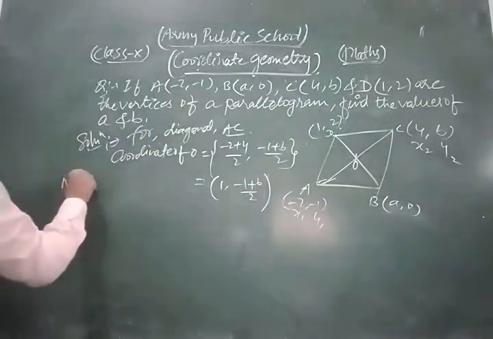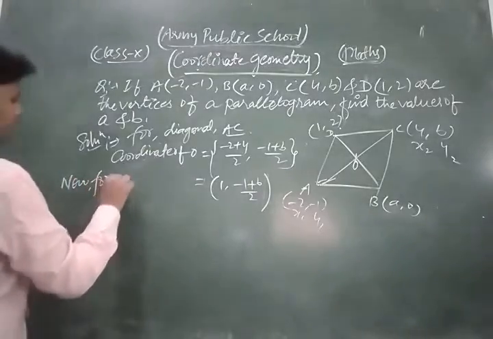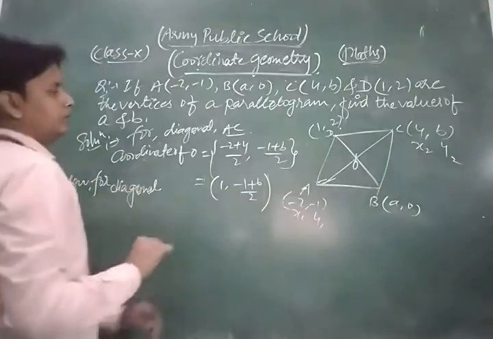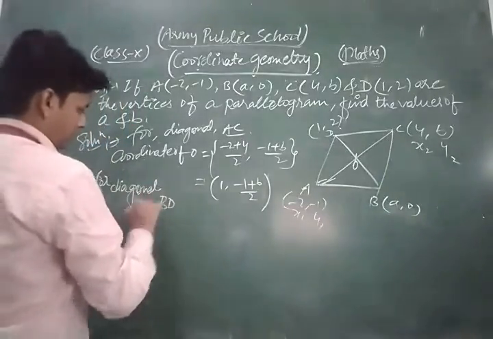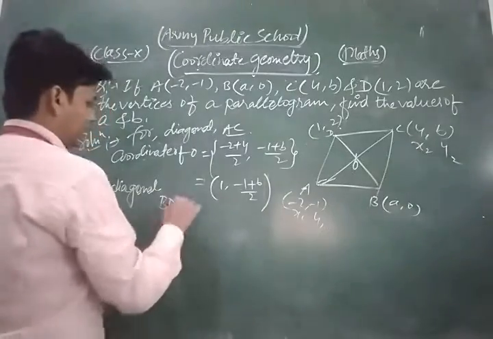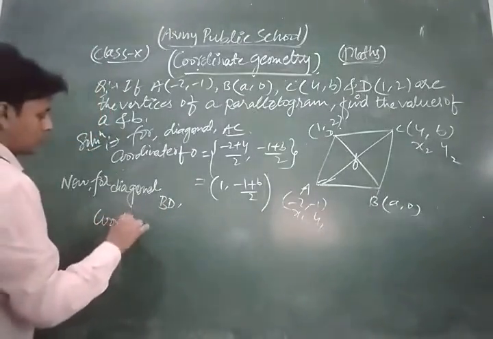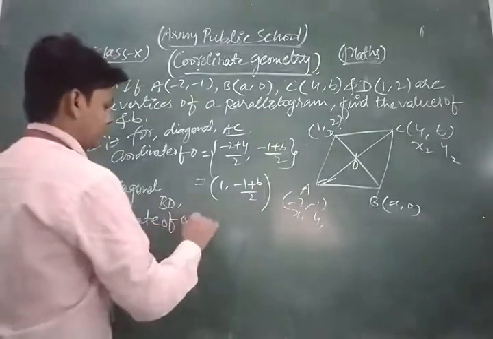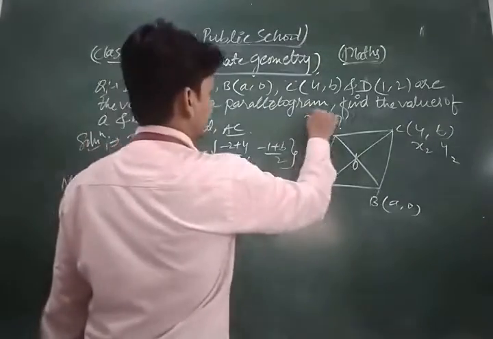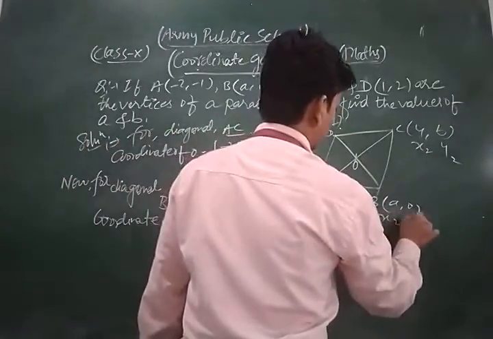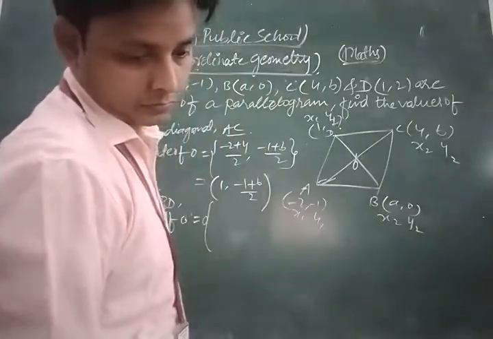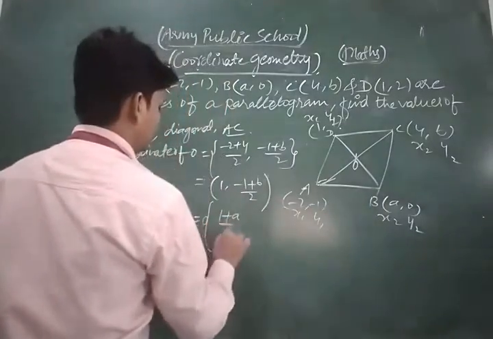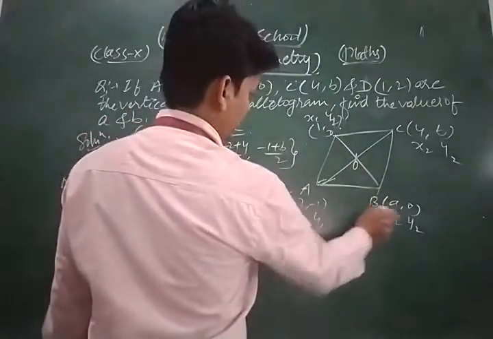Now for diagonal BD, coordinate of O is, take as x1 y1 x2 y2, x1 plus x2 that is (a plus 1) upon 2 comma (2 plus 0) upon 2.